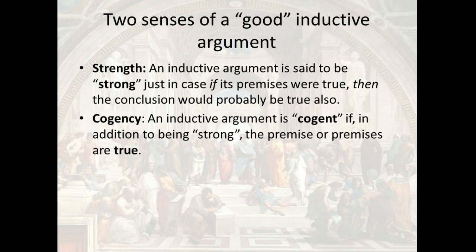The argument is strong because if its premises were true and complete, taking into account all relevant evidence, then the conclusion would most likely follow. However, the total evidence requirement has not been met because evidence importantly relevant to the conclusion, that is, sharks swimming about, has been overlooked or ignored.